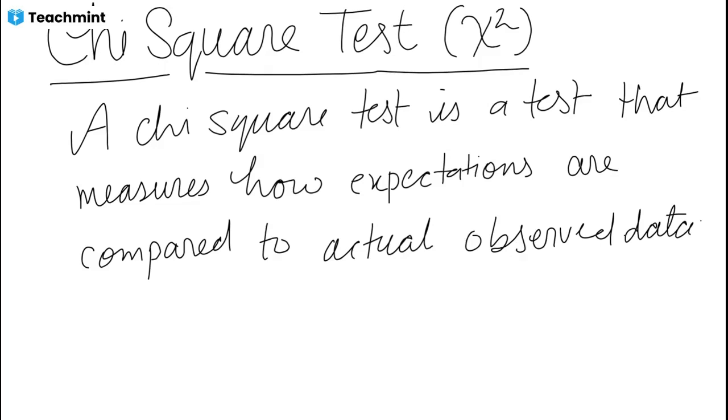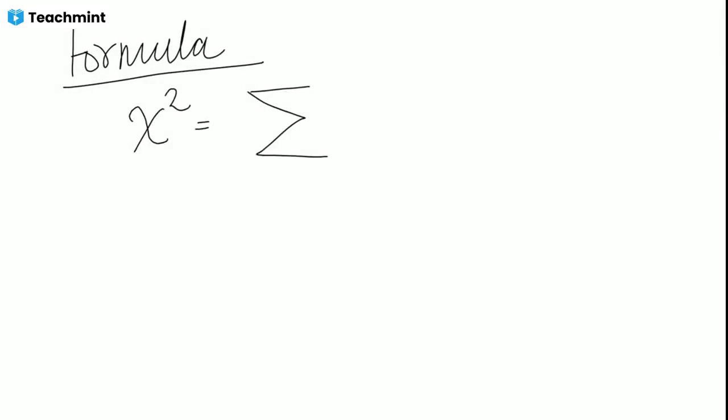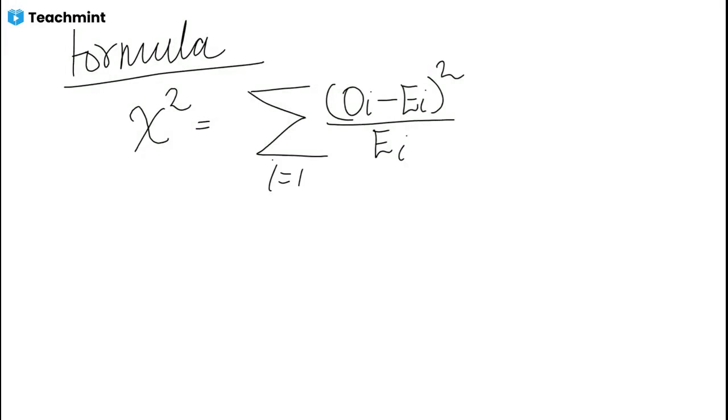So its formula is chi-square equals the summation of (Oi minus Ei) squared over Ei, where i is equal to 1 up to n.